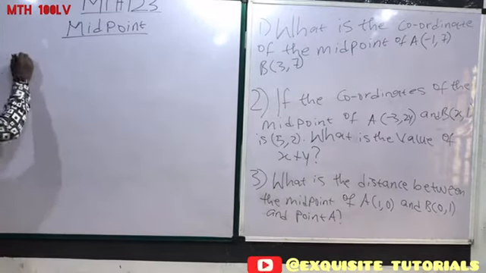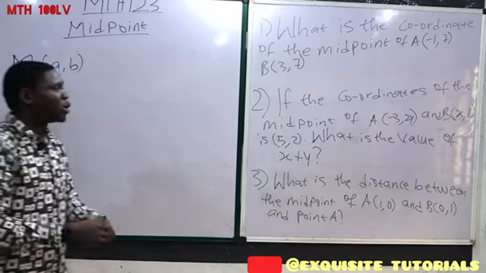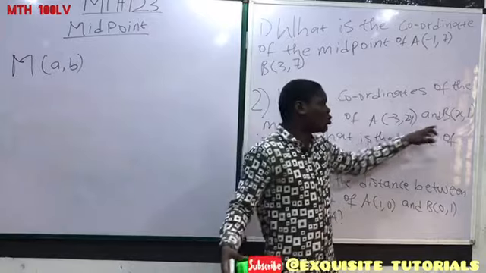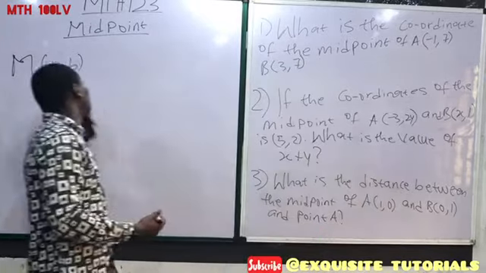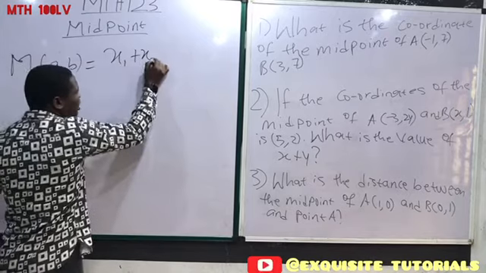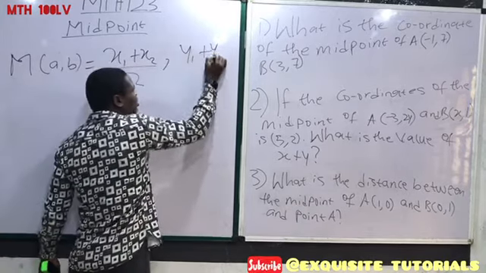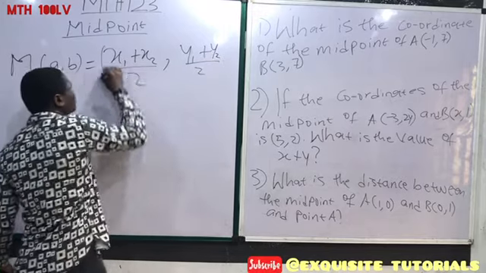The coordinates of the midpoint. Now, I don't want to use x, y here because I already have those variables here as y and x. So let me just use AB here. It is (x1 plus x2) over 2, the x coordinates, then the y coordinates, (y1 plus y2) all over 2.